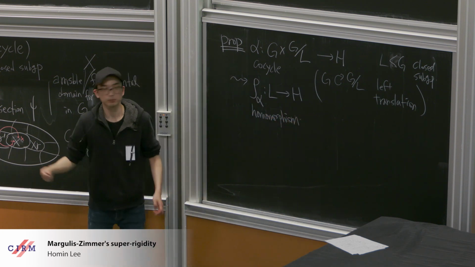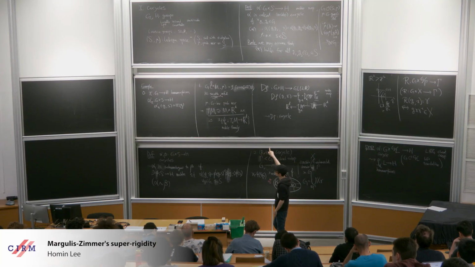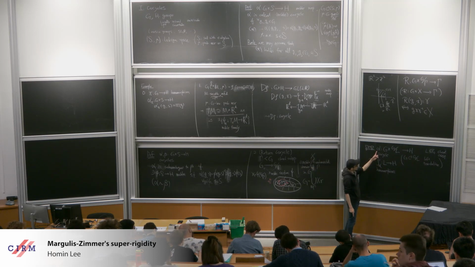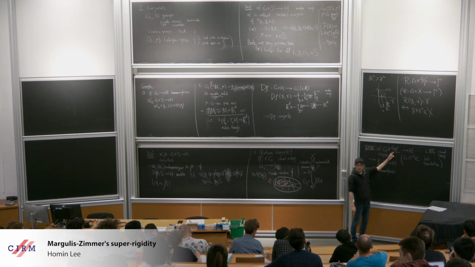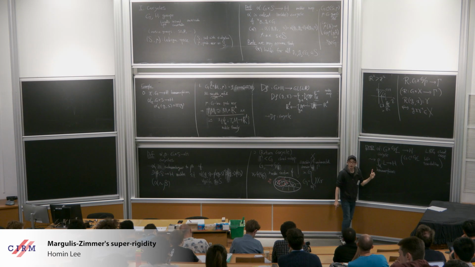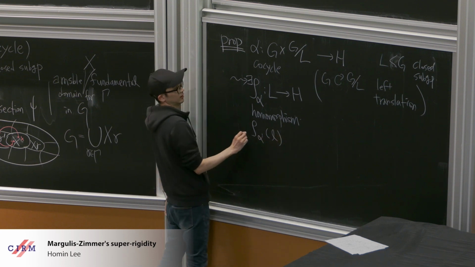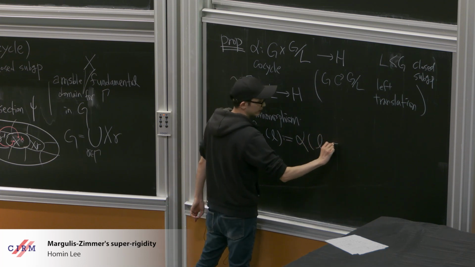What do I want to do? I want to explore the relation between the homomorphism and the cocycle. So this proposition says that if you have a cocycle over the G action on G mod L, which is a transitive action, then you can define a homomorphism, which is given by rho alpha of l, defined by alpha of l with the identity coset.